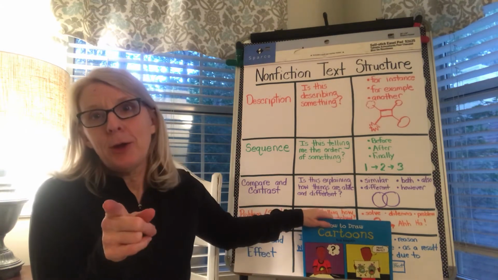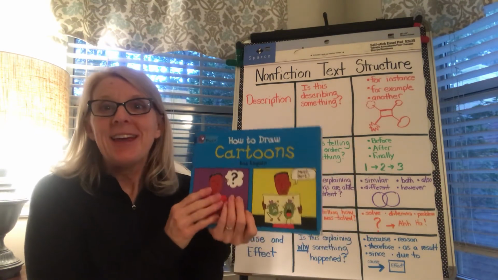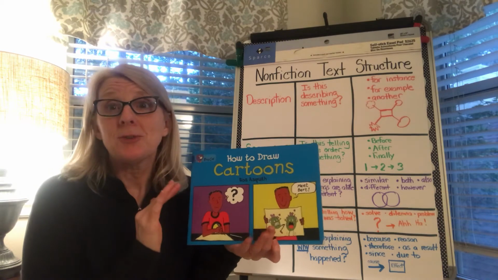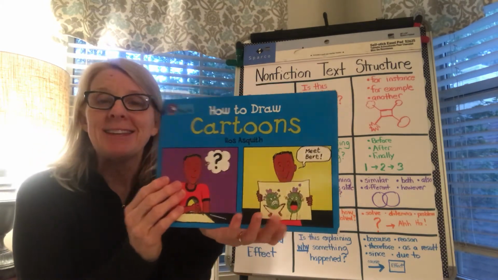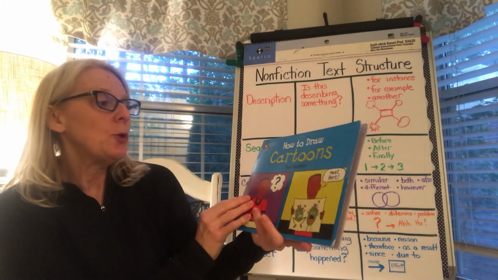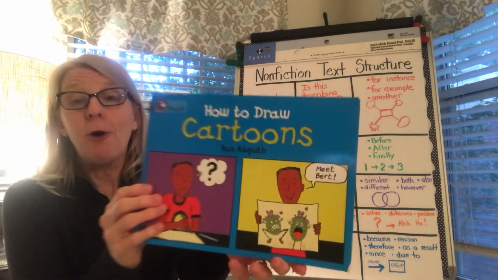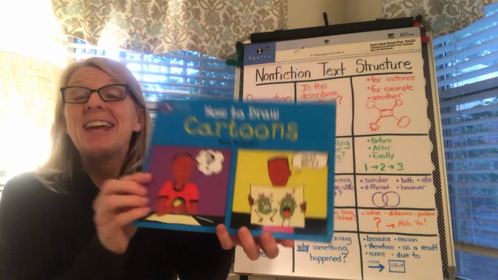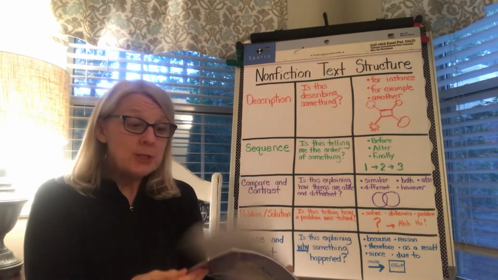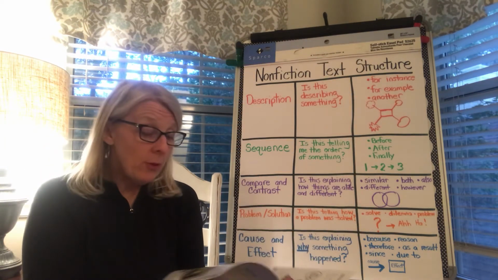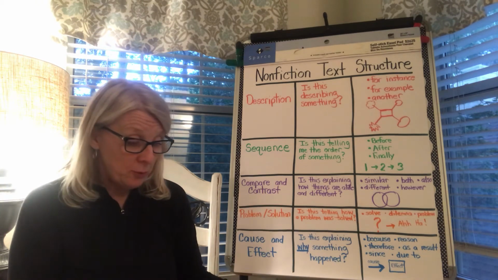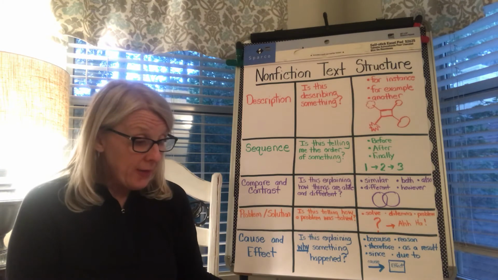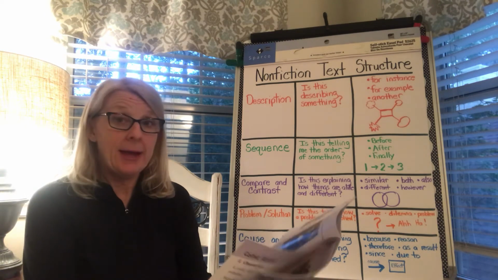Another one that I know my kiddos enjoy, many of my students are super artists, and so they enjoy books like this. This one is called How to Cartoons, or How to Draw Cartoons. So this book would also be an example of a sequence book because it literally tells you how to draw things step by step, okay?